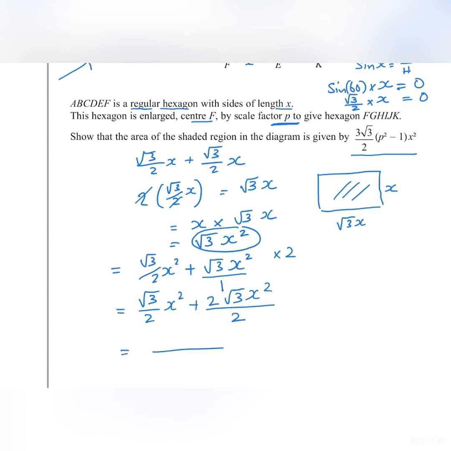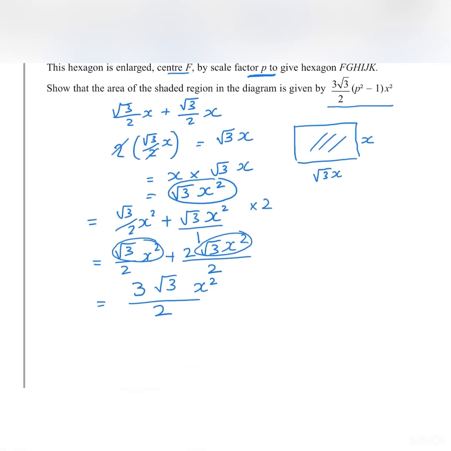So add them together, we get 2 here, and then we got root 3x squared at the top here, and we got 2 of them here, 1 of them here, so that's 3 root 3 x squared. Okay, so now that is the total area of the smaller hexagon.